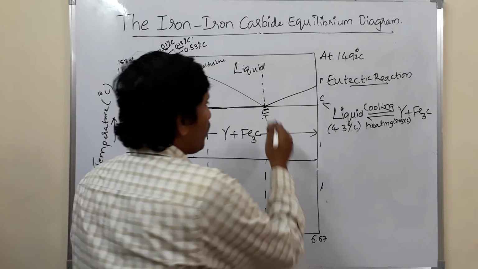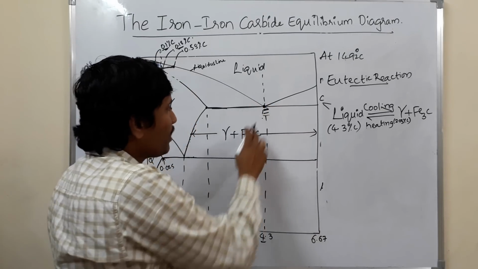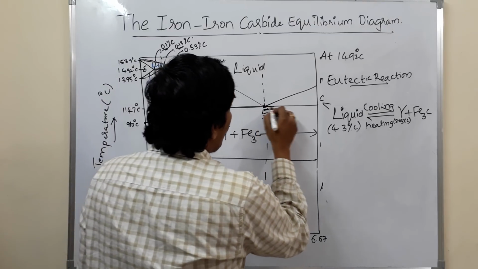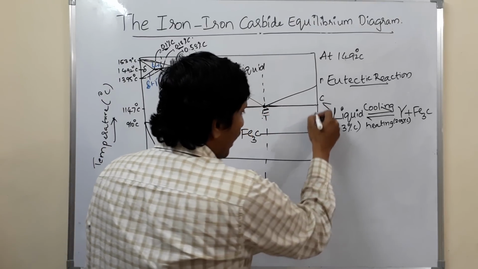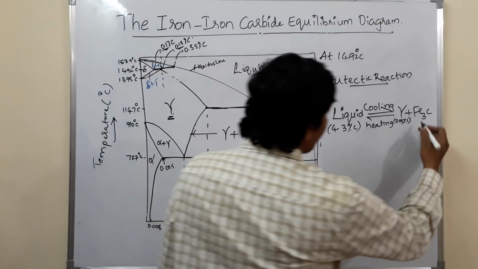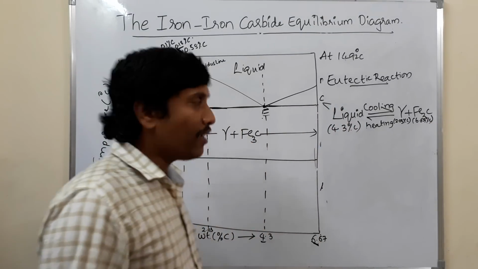Now at this point, what is the other phase which is forming? Cementite. What is the percentage of carbon in it? You just draw a horizontal line to the right of it and drop the vertical. What is the percentage of carbon? 6.67. So it is 6.67 percentage carbon. Okay.